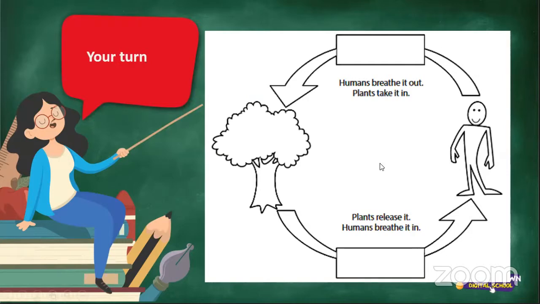Awesome, definitely carbon dioxide. And the last one at the bottom, plants release it and humans breathe it in. What is that? A lot of you are saying oxygen. 100%, definitely it is oxygen. So humans breathe out carbon dioxide and plants take it in, and then plants release oxygen and humans breathe in oxygen.